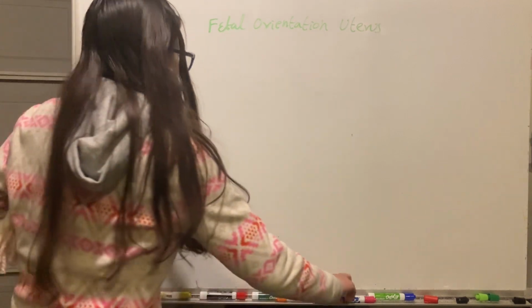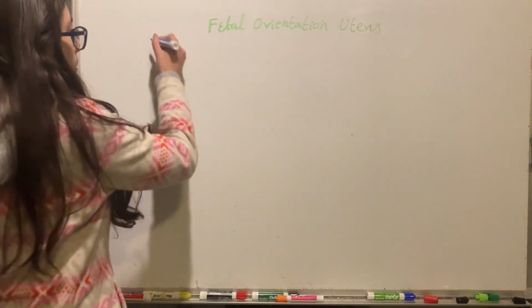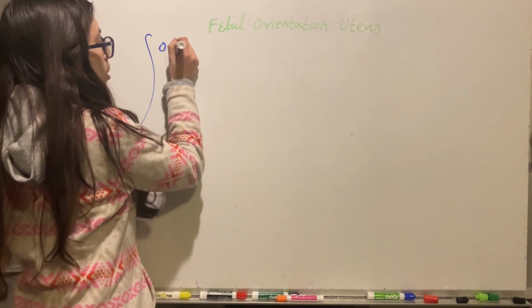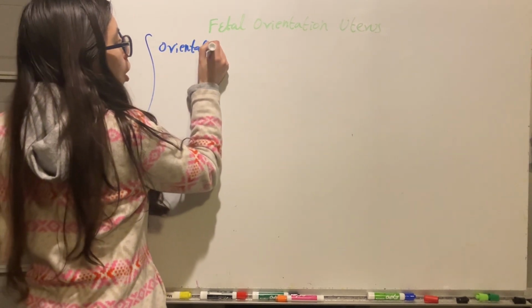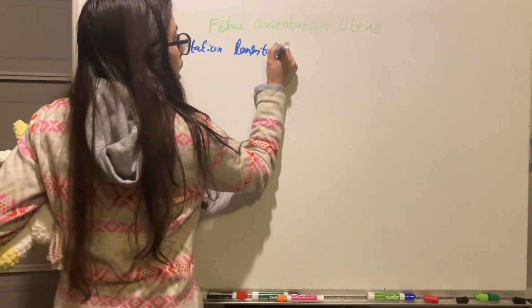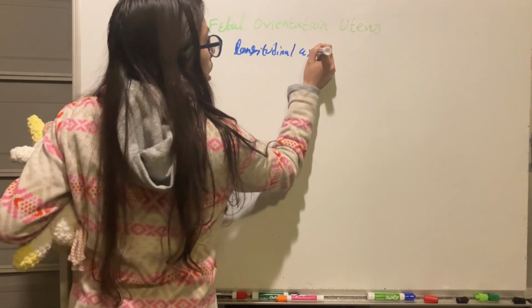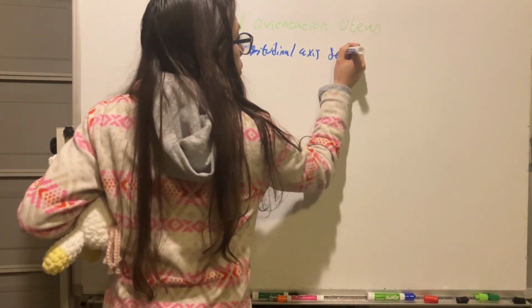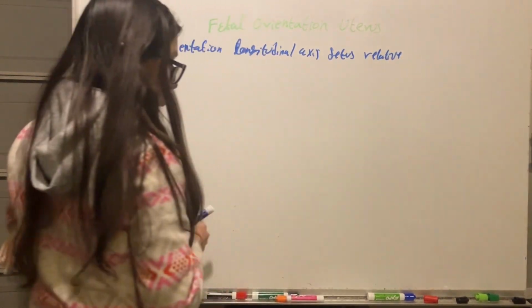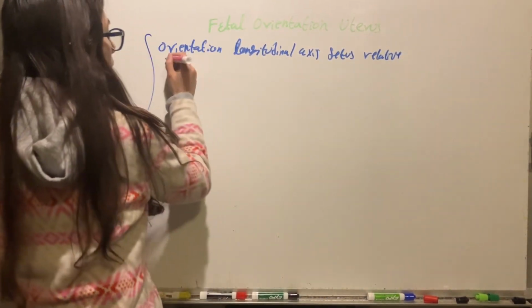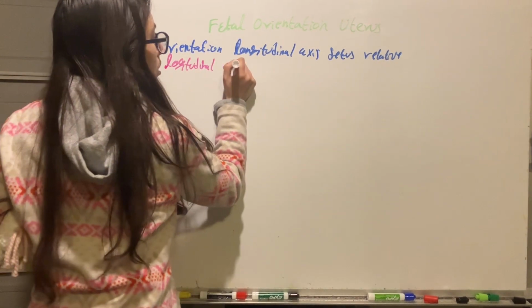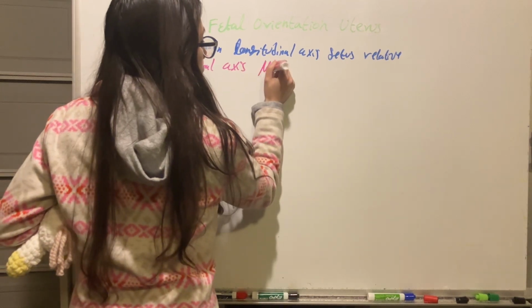The fetal orientation in uterus is defined as the orientation of the longitudinal axis of the fetus relative to the longitudinal axis of the mother.